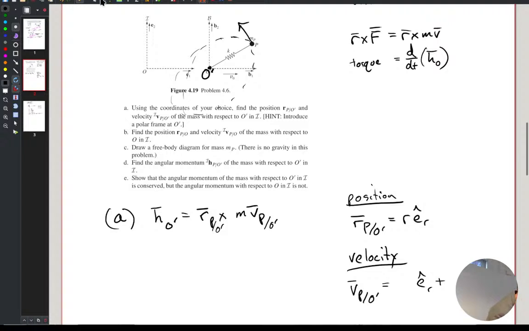Here, I'm going to delete that arrow. How fast am I moving away from O prime? What do I need to describe radial velocity?